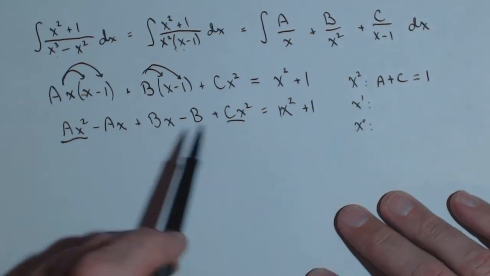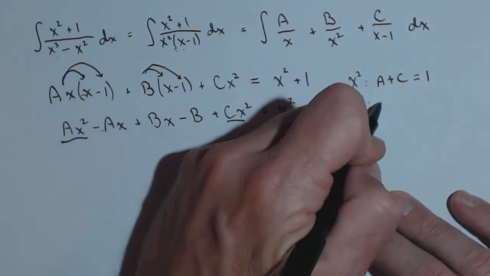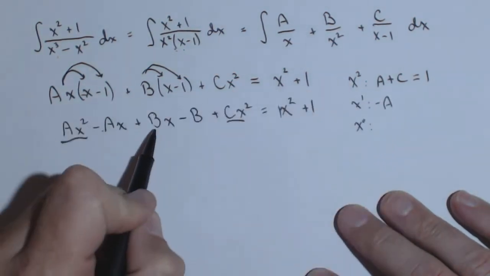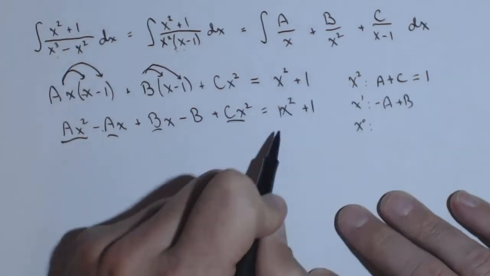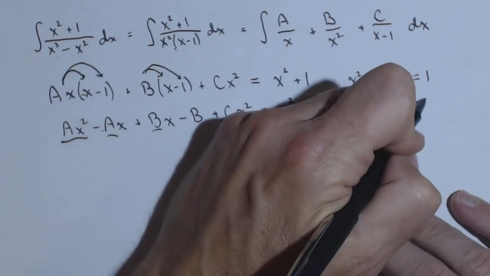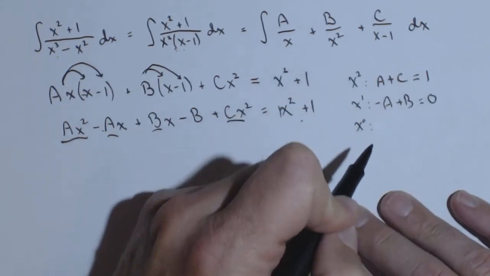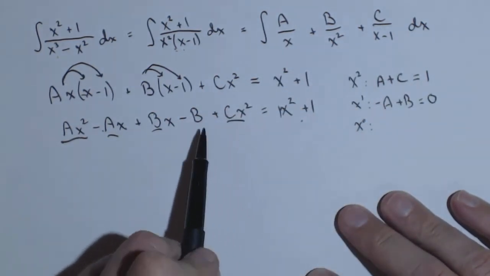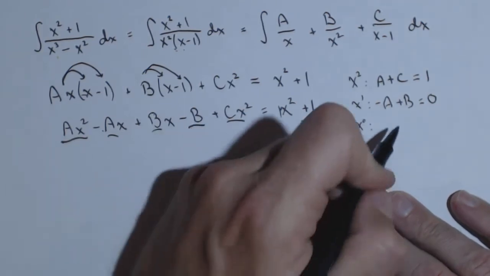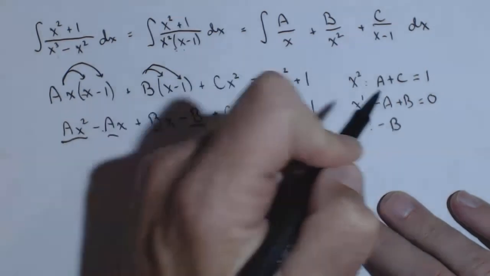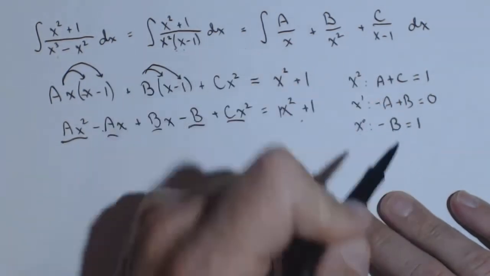For the x to the first, I have a minus A and a positive B, but there is no x to the first term over here, so that must equal 0. Finally, my constant term, the only thing I got over here is negative B, and that must equal 1.